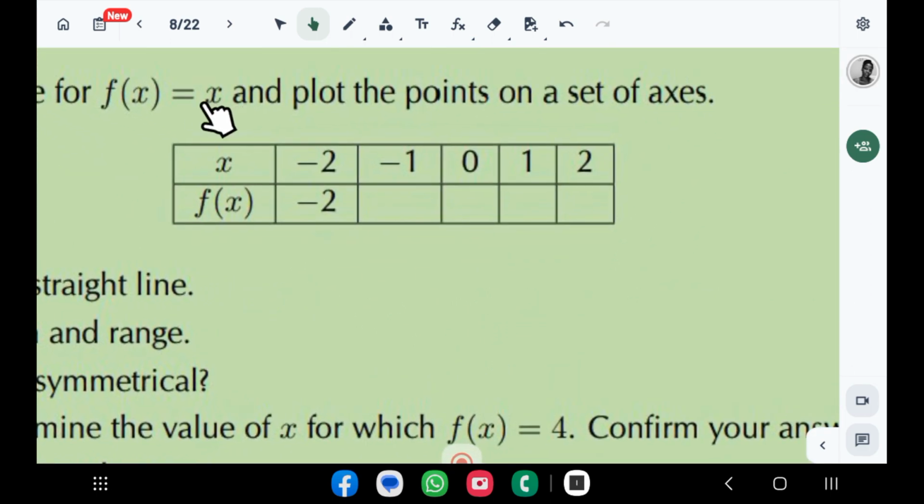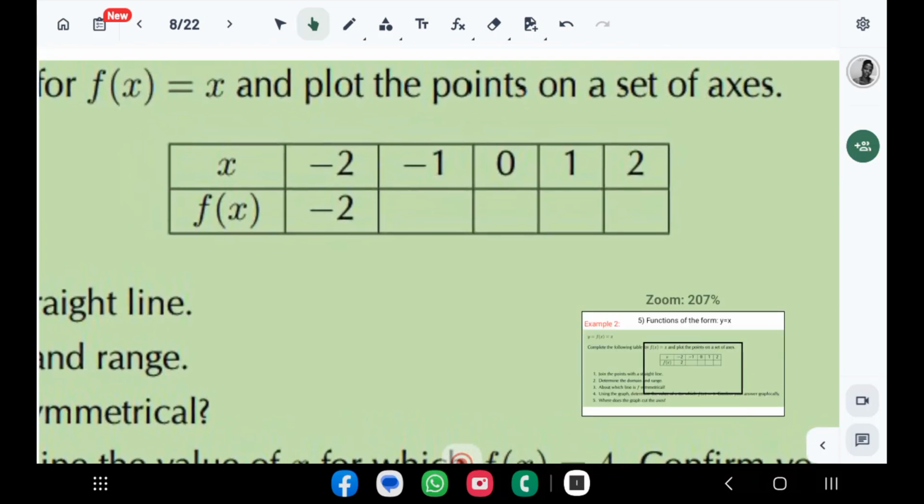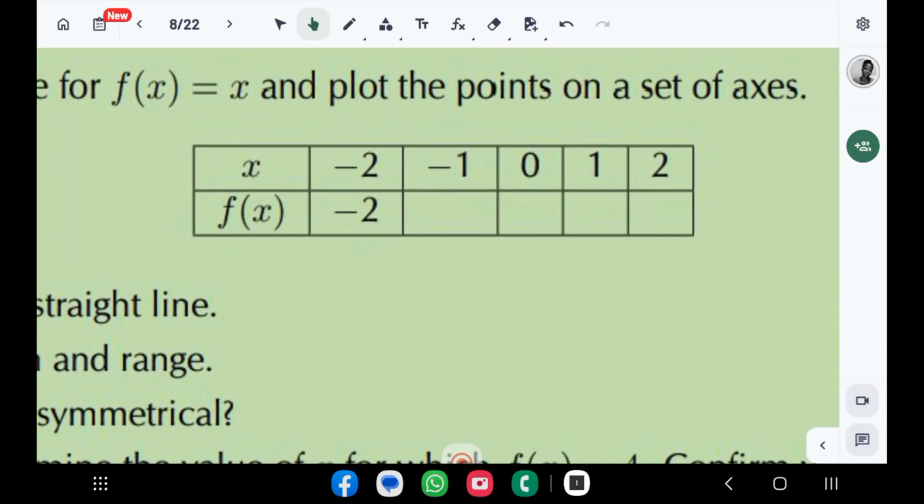So you've got your function notation, and here we've got the table notation. Now let's complete this table. When x equals -1, what is our y? We're dealing with f of -1 equals -1, because your function is x, so you substitute that, which equals -1.